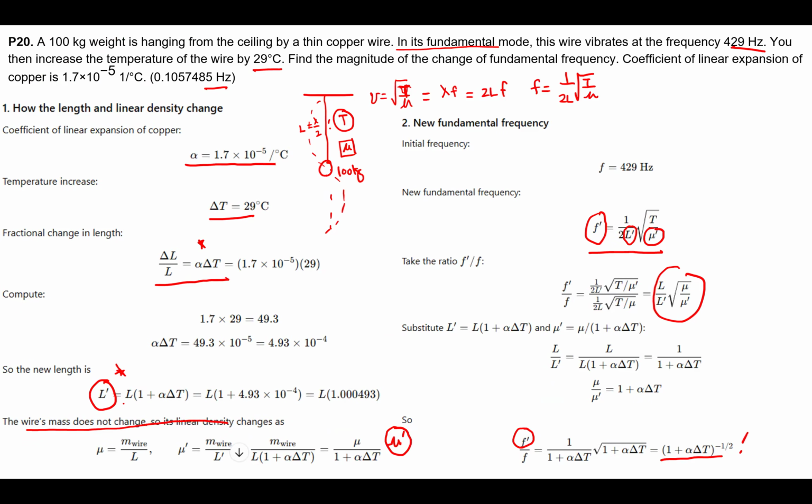First, the length is going to be expanded, and this will change the linear mass density. Then L prime and mu prime will change the frequency. That's the key thing you need to keep in mind. Once you get f prime, minus f is what we want to have.